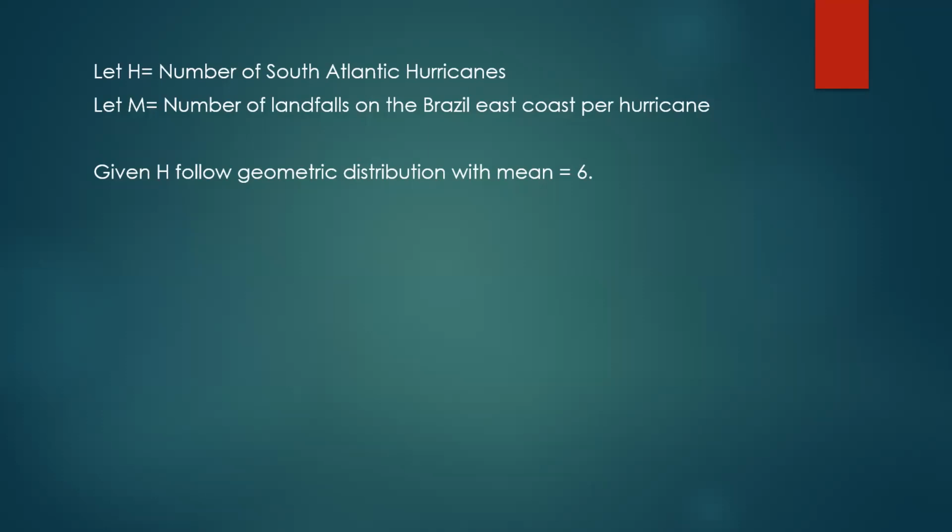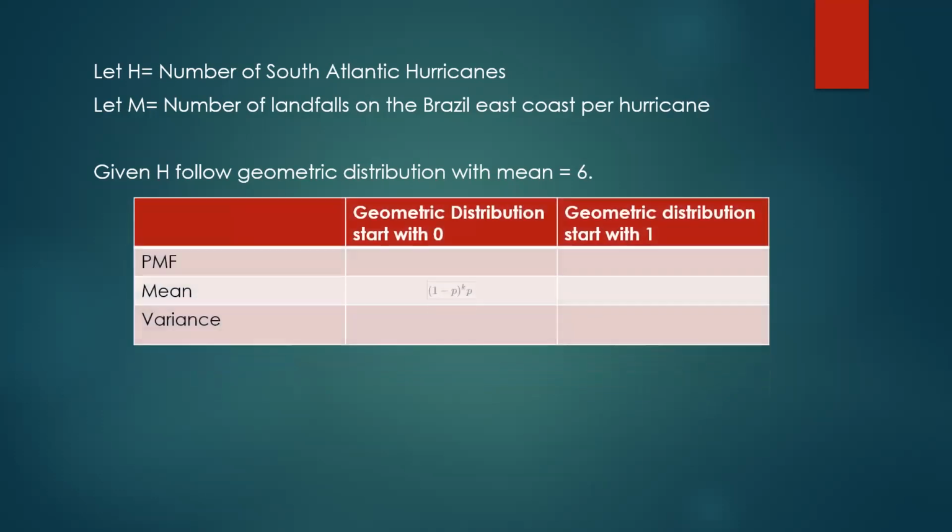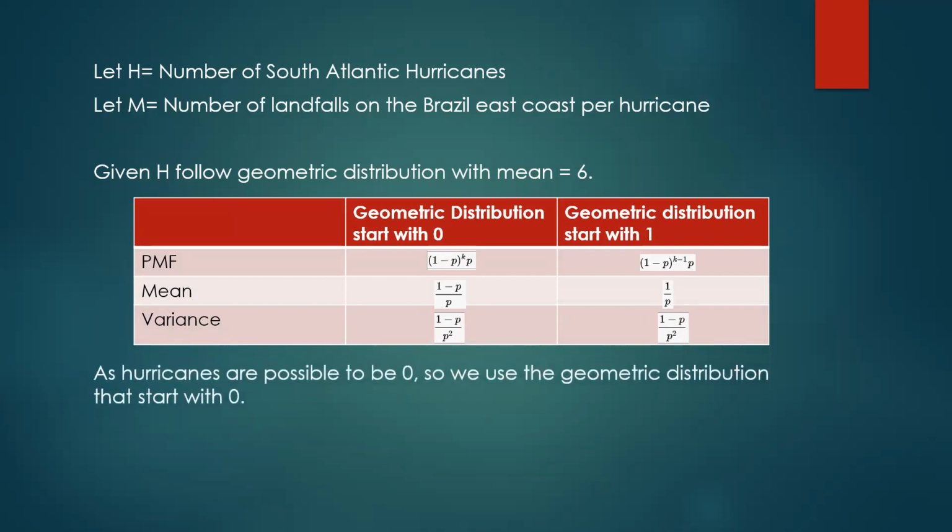First of all, we need to determine which geometric distribution we need to use, because there are two types of geometric distribution: one starts from n equal to 1 and one starts from n equal to 0. This is the difference between them. Obviously, since hurricanes can start from 0, we directly use the geometric distribution starting with 0.